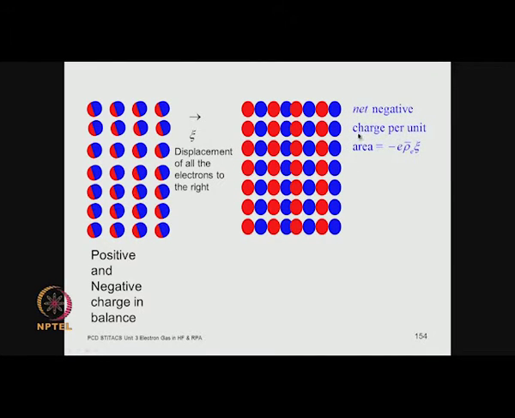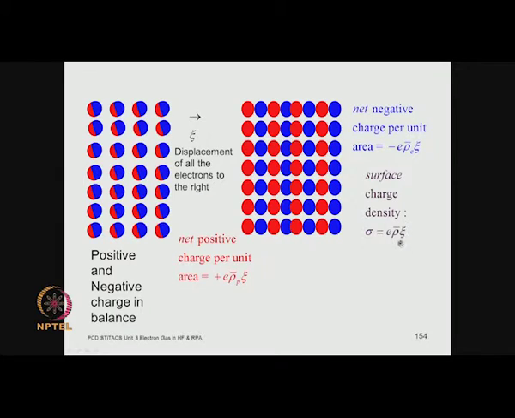So, there is a net negative charge per unit area, which is minus e rho bar xi, if rho is the volume charge density, and then you have a net positive charge per unit area on the left side, which has the same magnitude but a positive sign. The surface charge density is e rho bar xi.